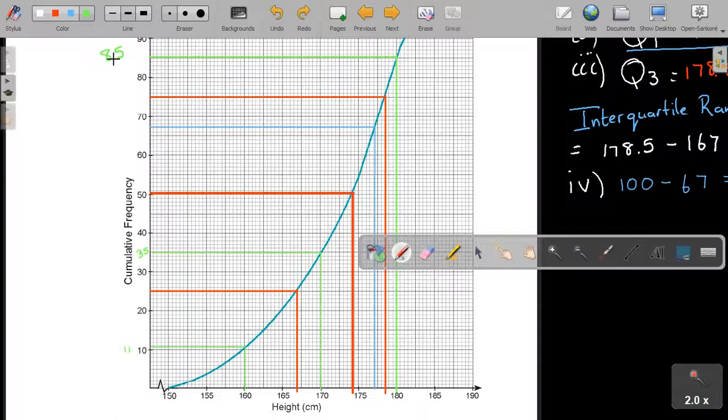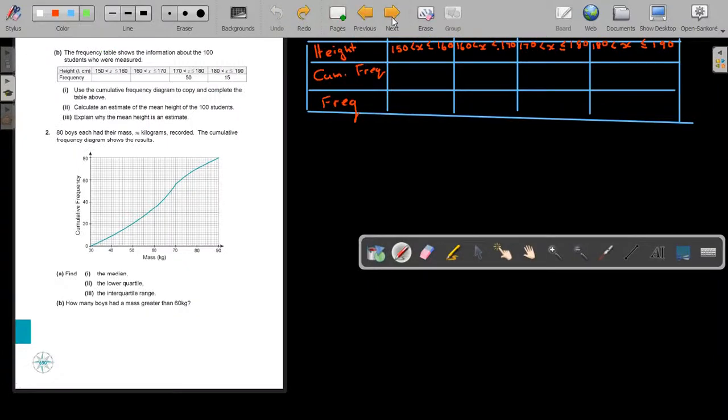And then the final one at 190, that's the top, it's going to be 100. Okay, so let's just fill in these values, 11, 35, 85, and 100. It's the cumulative, so it's from the graph. So this was 11, this was 35, this was 85, and this was 100.